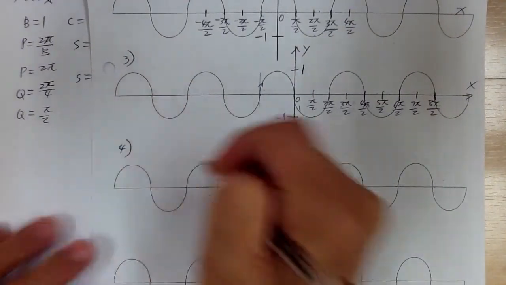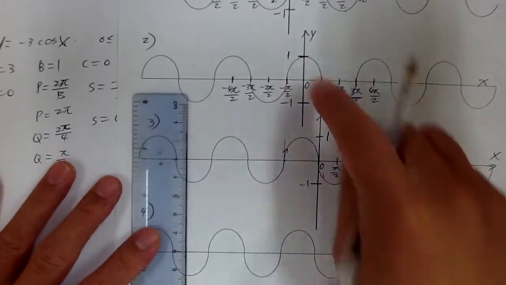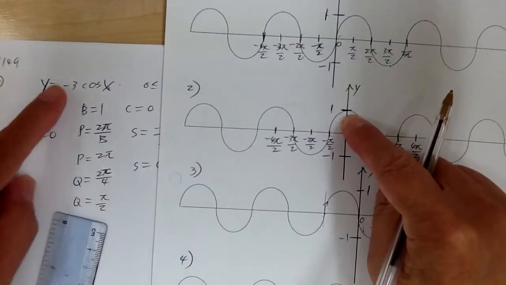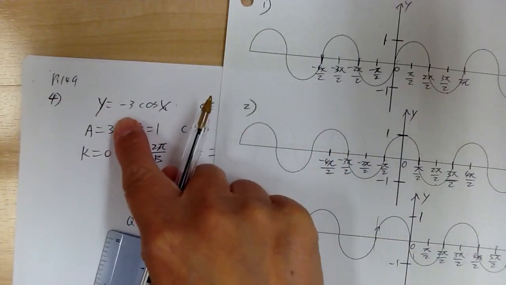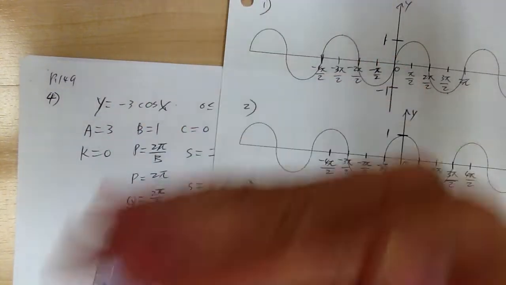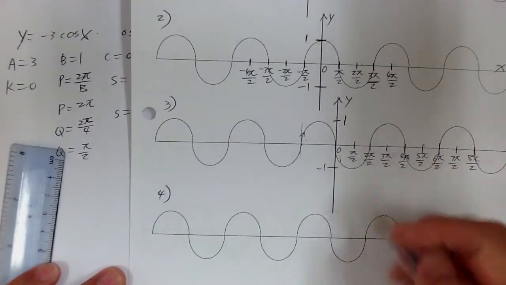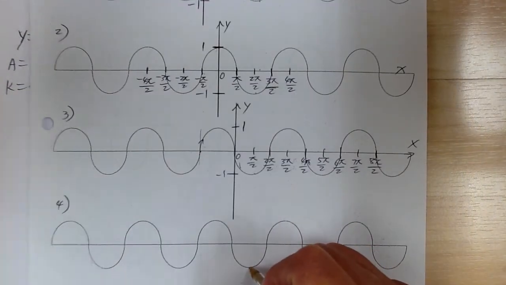So number 4. If you look over here, the cosine starts on the very top. Right? Cosine starts on the very top. But negative cosine over here will flip the graph upside down. So instead of starting at the highest, you're going to start at the lowest. So you're going to start right over here.